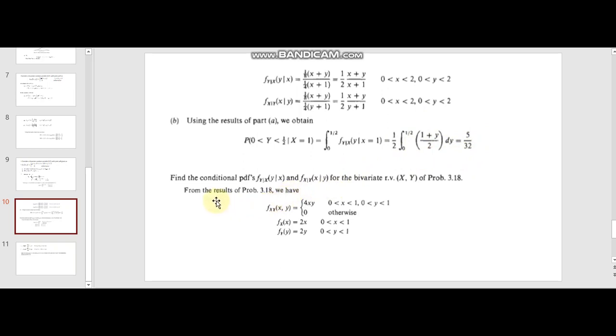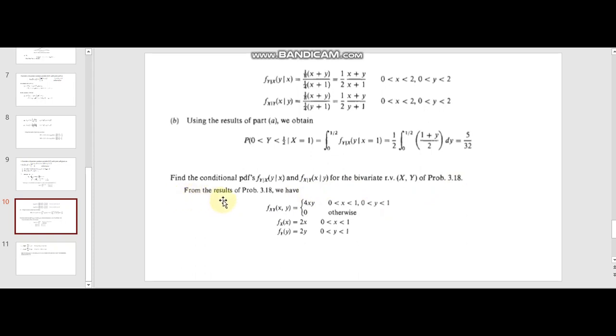So let us talk about another problem. We have to find the conditional pdf of y given x and the conditional pdf of x given y for the bivariate random variable x and y. The problem we have already discussed, 3.18.